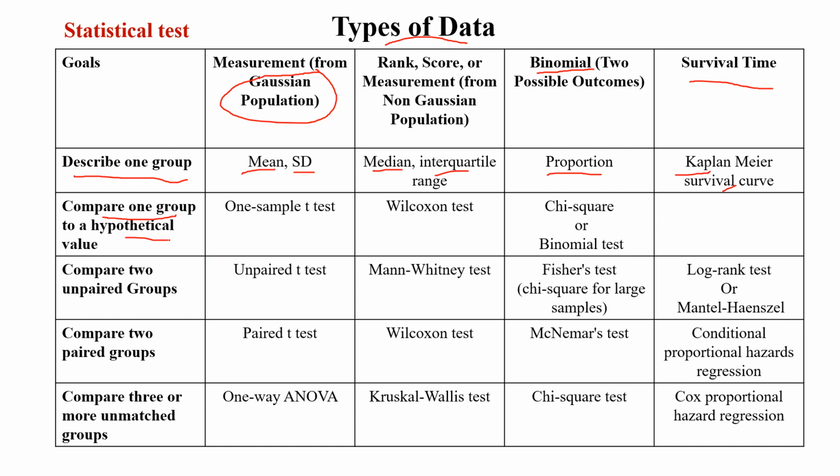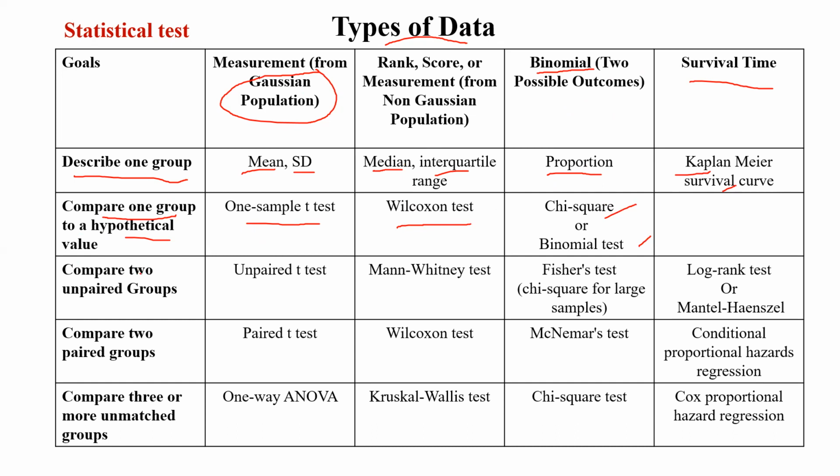Then we select some sample from the data and validate with a statistical test. If it is from a Gaussian population, then we'll go for the one sample t-test. If it is not, we go for a non-parametric test, and we can use the Wilcoxon test. And if it is a binomial outcome, then we can go for the chi-square test or binomial test.